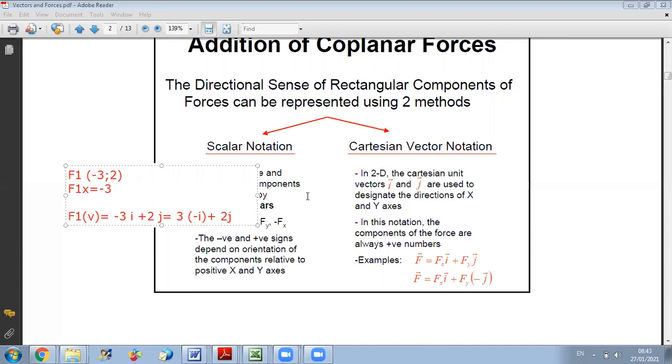When it is in the negative direction, I put minus before the vector. So the components of the forces are always positive numbers, but the negative sign is given to the vector. It's just a way of notation, and both cases will give me the same result in the end.